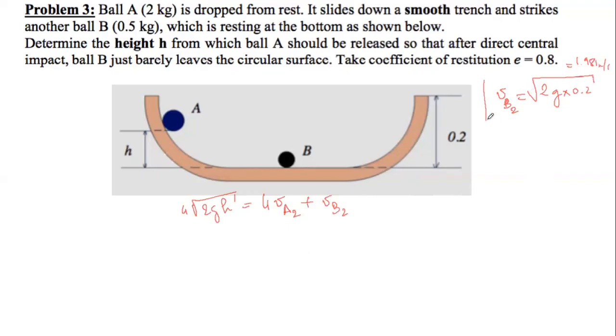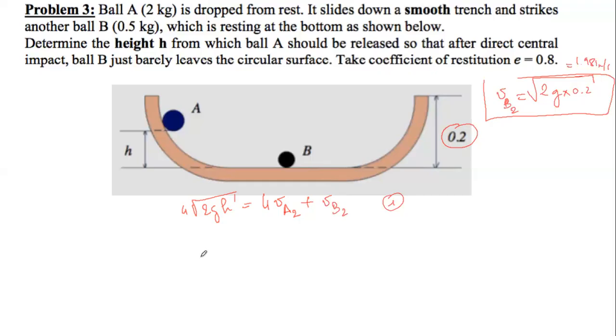Let me just keep it as it is. So this is the first equation. If you remember, it came from conservation of momentum before and after collision. And it came from the fact that A is coming from a certain height, and you transform all the potential energy into kinetic energy, and B, the other way around, goes from totally kinetic energy to potential energy, up to a height of 0.2. So that's the first equation.